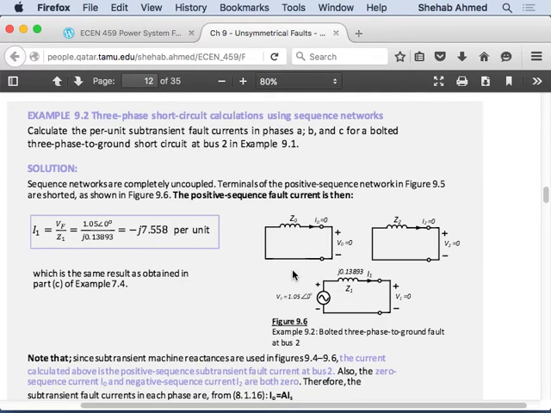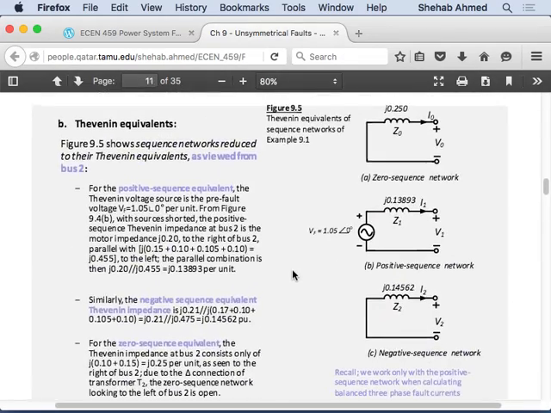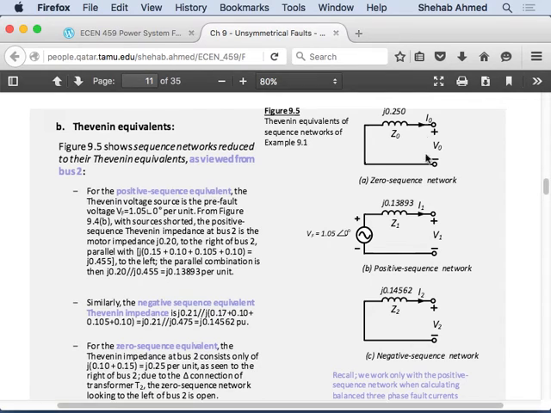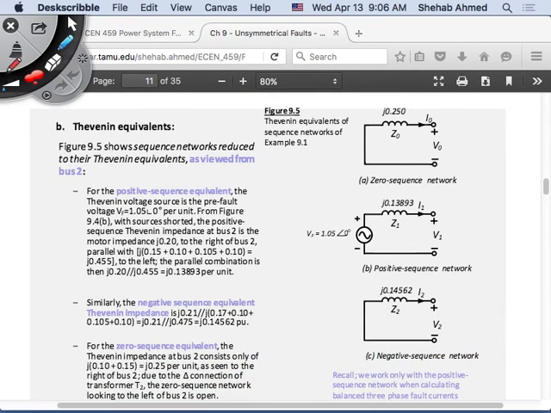If it's a balanced 3-phase fault, these are Thevenin equivalent circuits, right? If a fault is occurring on bus 2 and the system is balanced. Remember we said that these sequence circuits are interconnected at the fault when the fault is unbalanced.